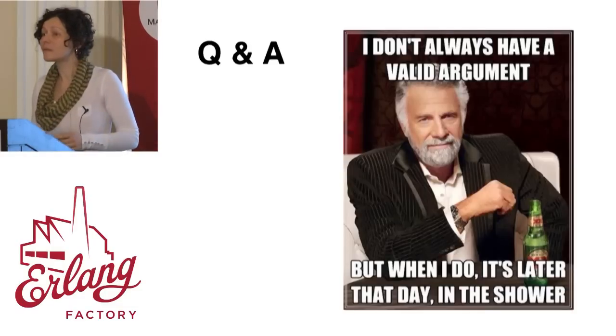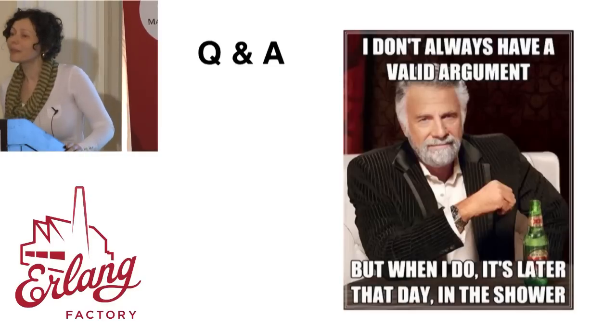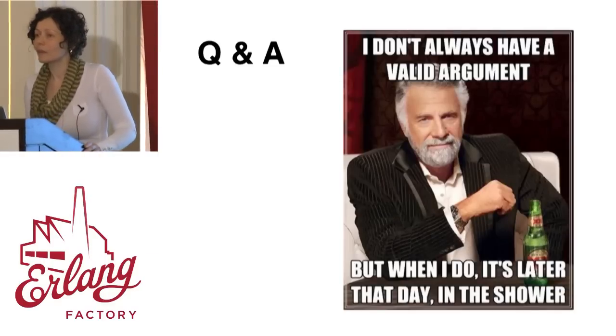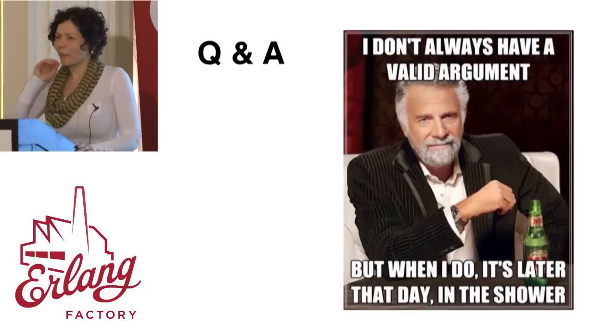In which case, can we use the sampling stuff separately from the queue? Pardon me? Can I use the sampling counter set without the queue? I'm not sure I get the question. I do have a use case where I want tens of thousands of queues. You need thousands of queues, tens of thousands of queues.